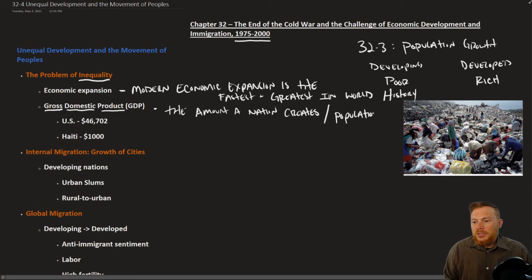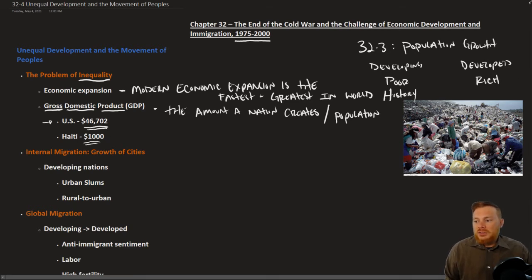So you take pretty much all the goods and services that a country produces, you divide it by the population per person, and that's typically what you get. So for example, in the United States, the average is about $46,000 per year. There are nations that are much higher than that, but the United States is a good point of reference because there's a good chance that whoever's watching this is in the US. When compared to a country like Haiti and others, which is only $1,000.